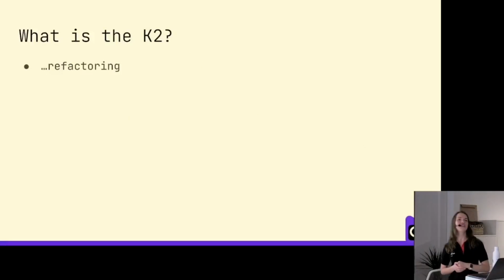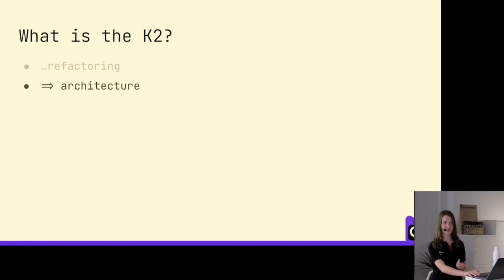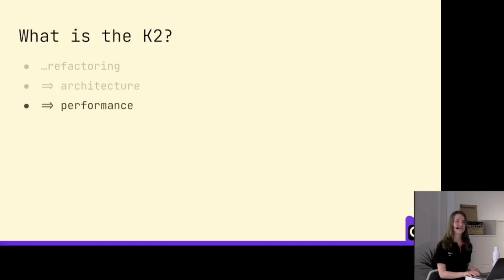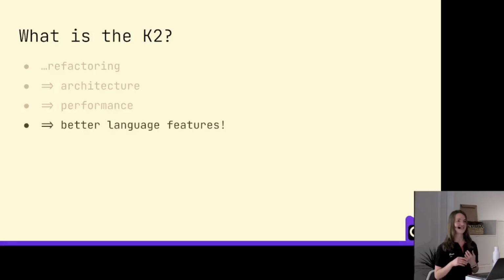So, K2 is refactoring, and of course, when we do refactoring, we expect better architecture, we expect performance, and in the case of Kotlin, we also expect better language features. What does it mean?